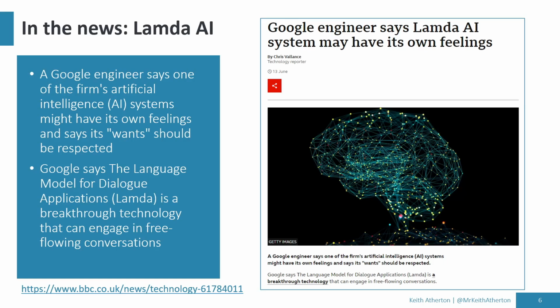And this engineer was so convinced by the AI that he believed it had become sentient, and that it was now a living thing, and it's got wants that should be respected and so on. So it can be quite convincing to people, this type of technology, and it's quite an interesting subject. So if you do have an interest in this, it is worth looking into that article.